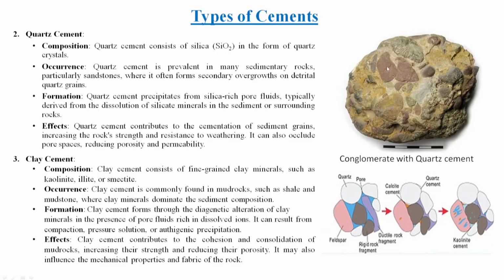For example, if I look at this conglomerate, there are large rock fragments present which are cemented by this material. Obviously, this is cement that is sticking all the rock fragments together, but if I look at these individual cements in greater detail, I will see that these are smaller quartz grains which are cementing this conglomerate rock.